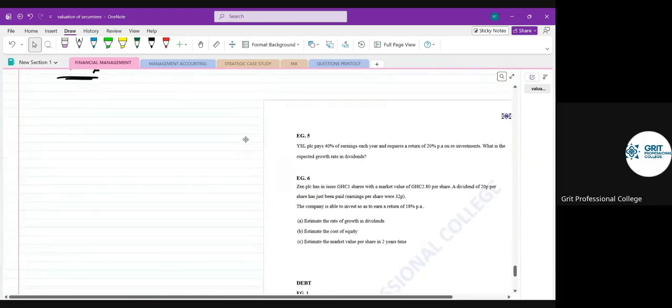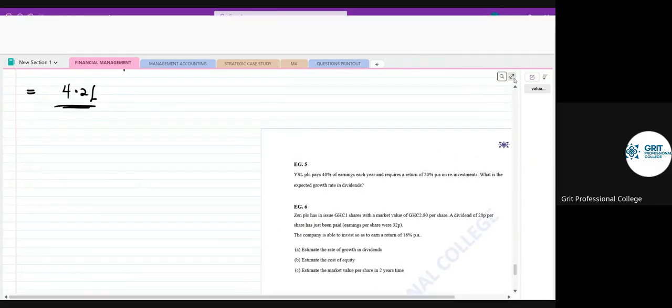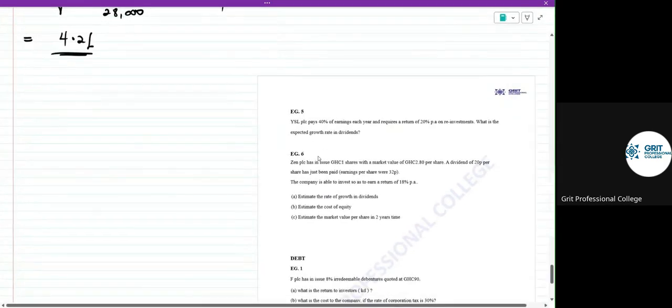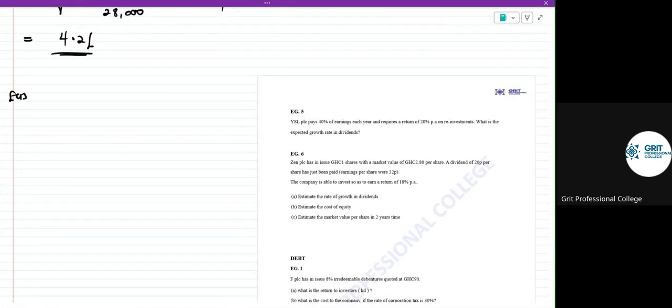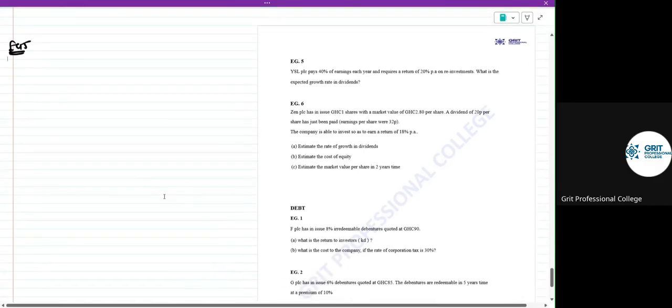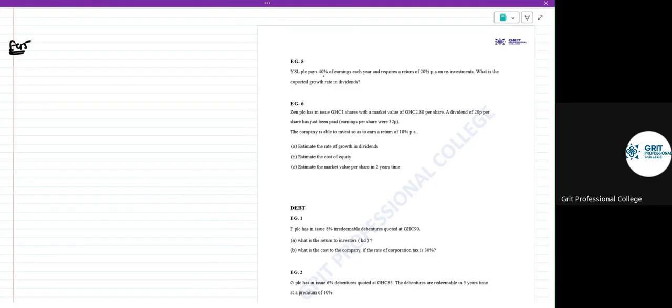Example 5. YSL PLC pays 40% of their earnings each year as dividend. And they require a return of 20% on reinvestment.